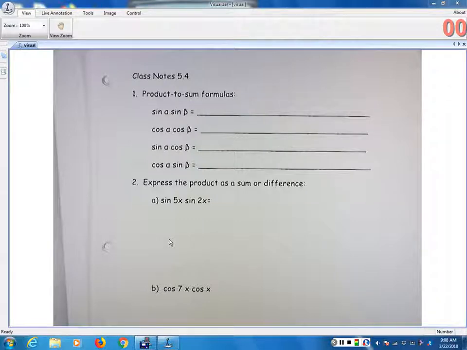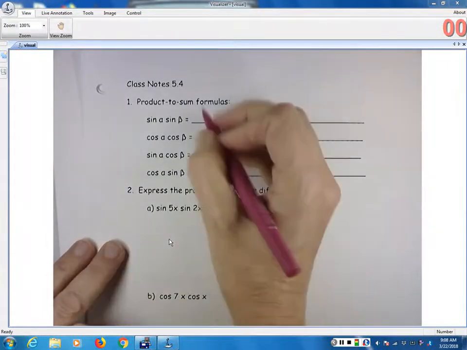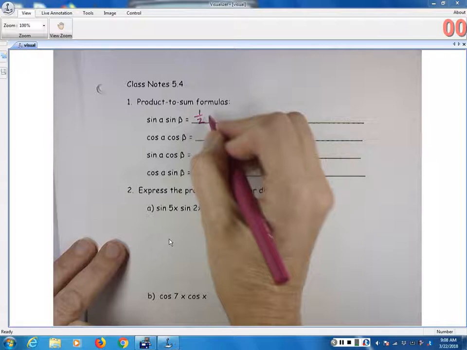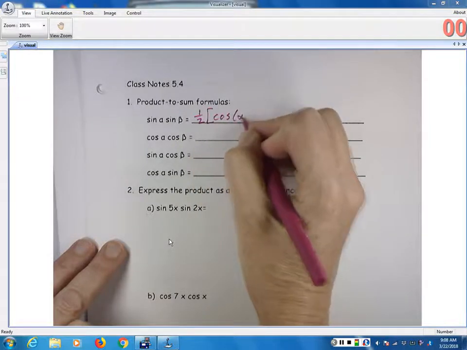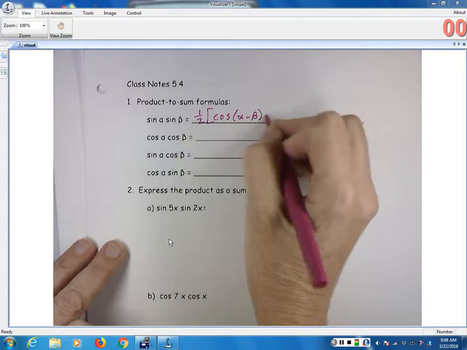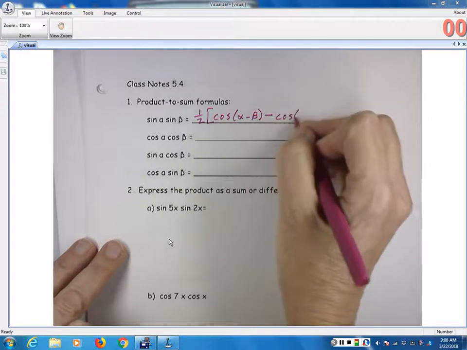Okay, section 5.4. Here's the formulas, and you're given these on the formula sheet. 1/2 cosine of alpha minus beta minus cosine of alpha plus beta.